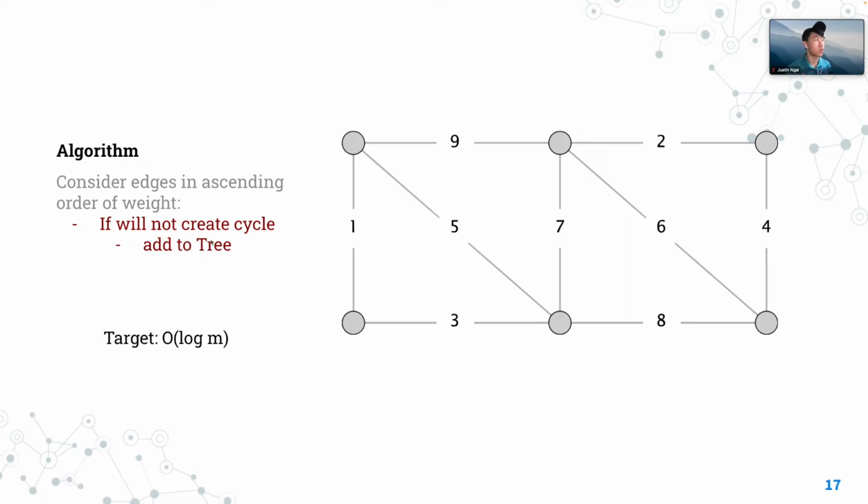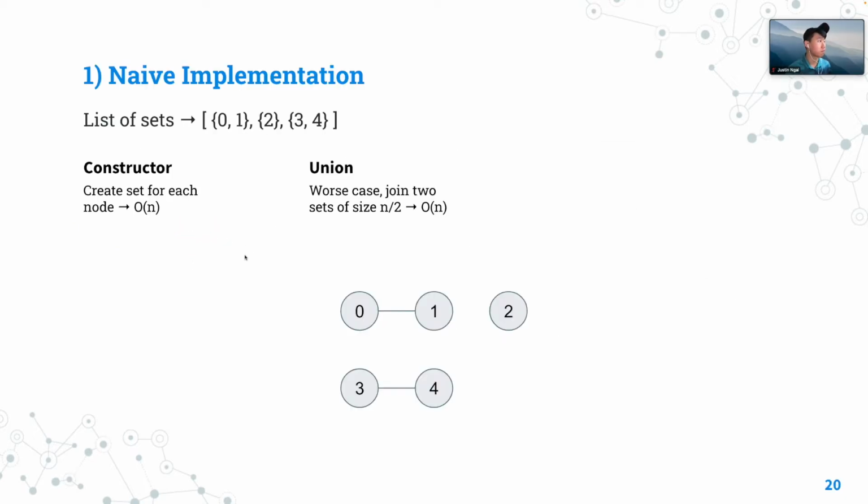So if we were to use a disjoint set data structure here, we would also need the union operation to be of log m time. Otherwise, if we have a union operation of O of n time, no matter how fast the find operation is, we would still be dominated by the runtime of the slower one.